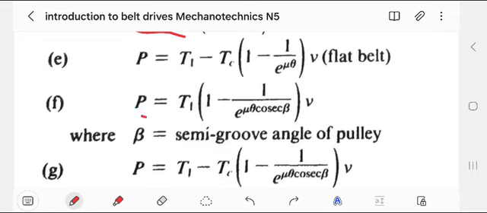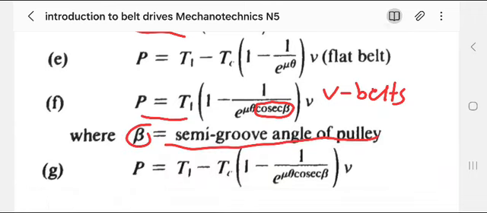Then there's this other one, but this is for the V groove. The cosecant of beta applies only on V belts, because beta is the semi-groove angle.